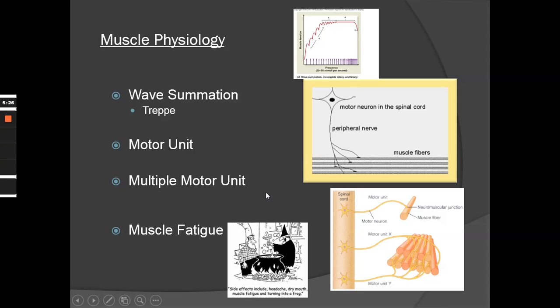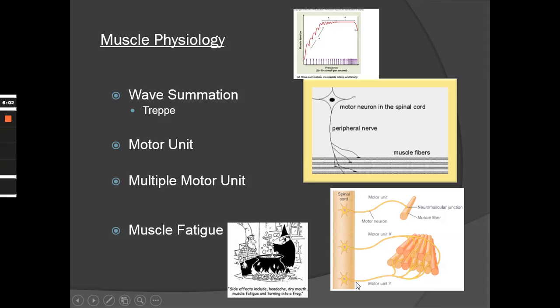Now, what is typical in a contracting muscle is that we will have multiple motor units acting on a muscle. Not just one, but multiple. I really like this graphic down here that shows it well. Here is a motor neuron, and as it goes into the muscle, it branches into the various muscle fibers of that muscle.